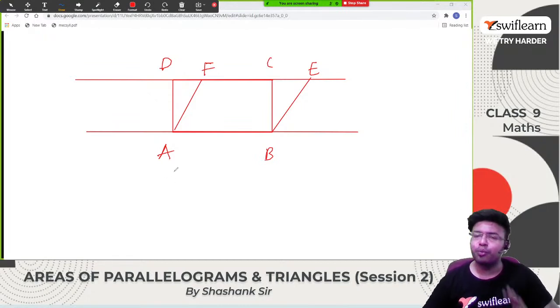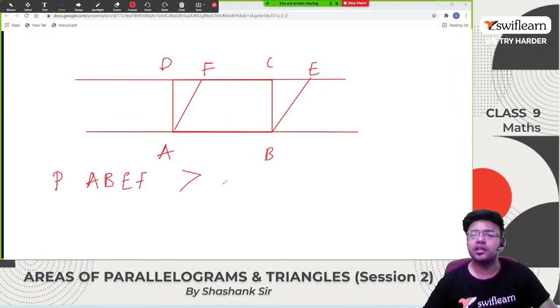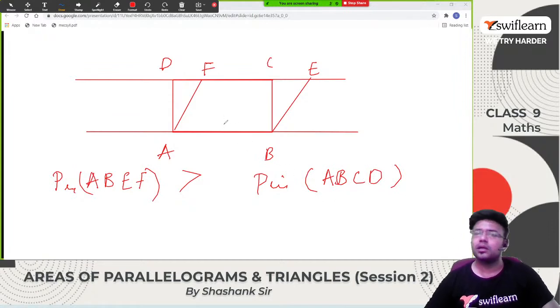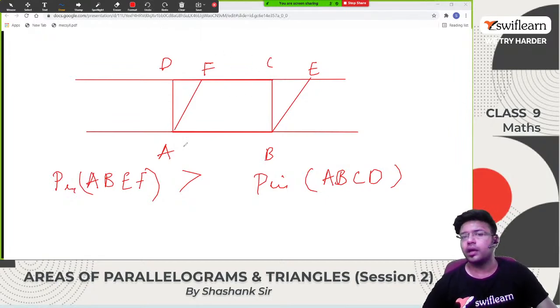Now we need to prove that the perimeter of parallelogram ABEF is greater than the perimeter of the rectangle ABCD. How to prove this? Now see the common sides. AB is equal to DC in the rectangle.